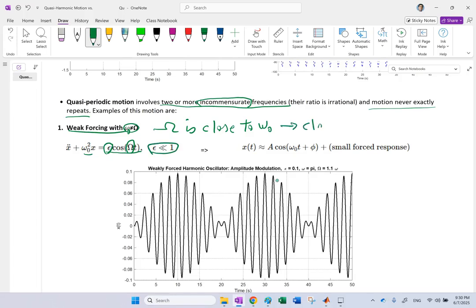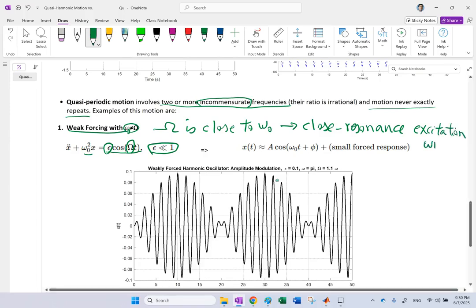So it's a close resonance excitation with small amplitude.